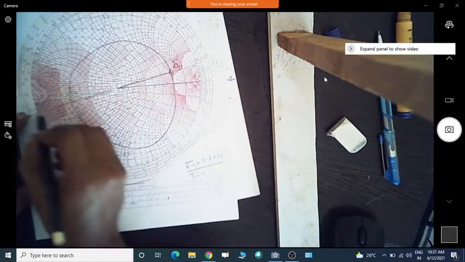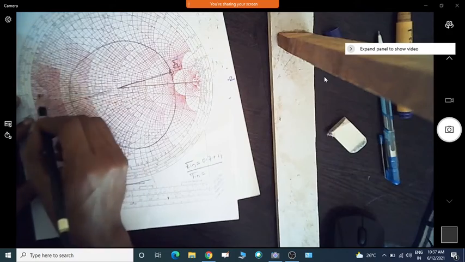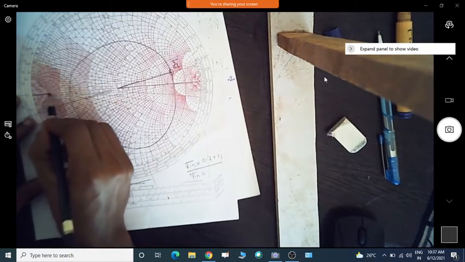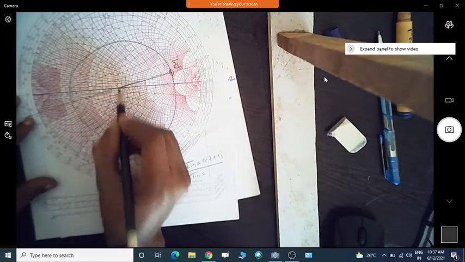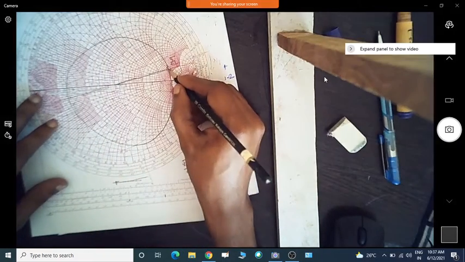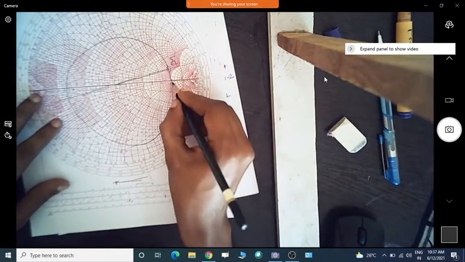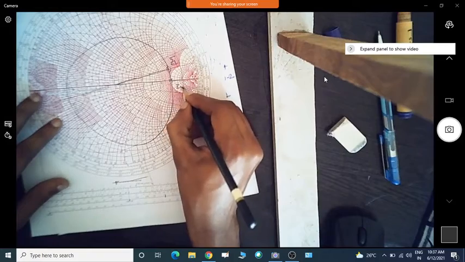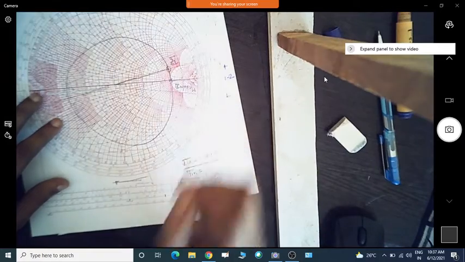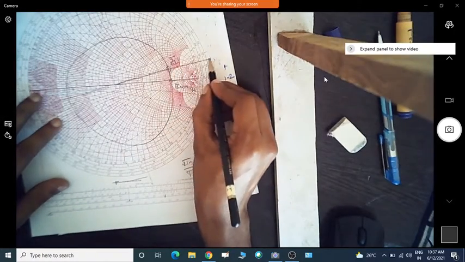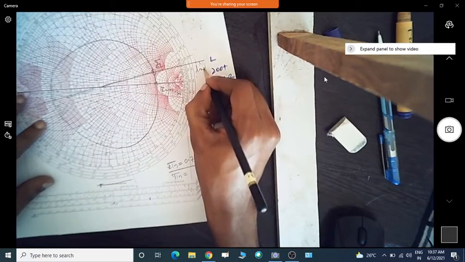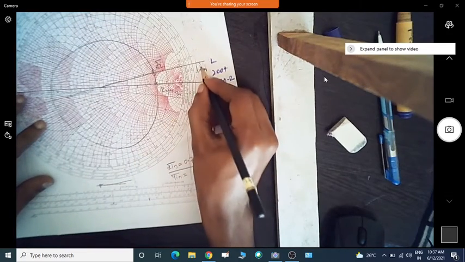Moving from this point to this point, you are going to get Z max normalized. The length from this point to this point is L max.